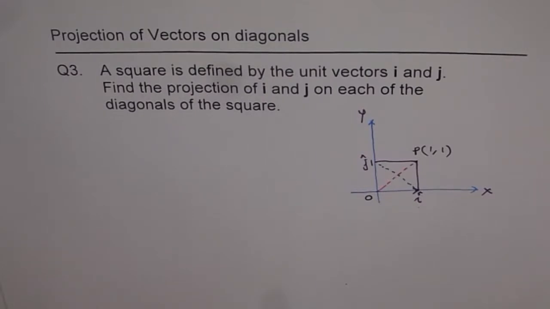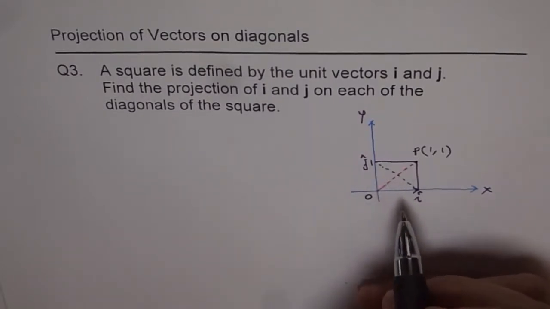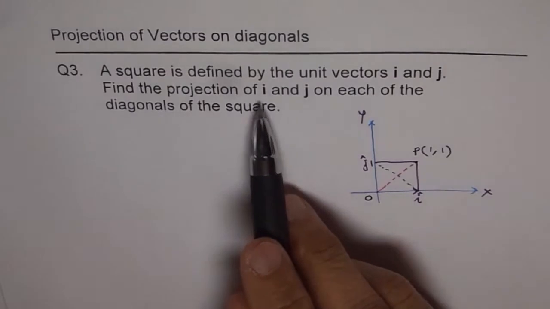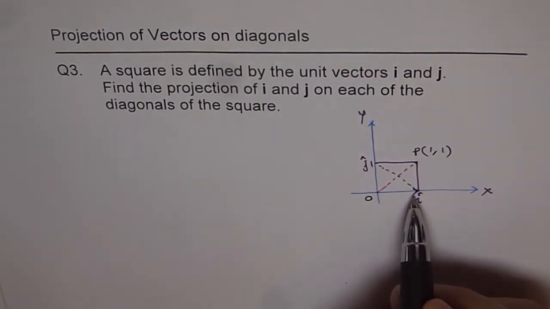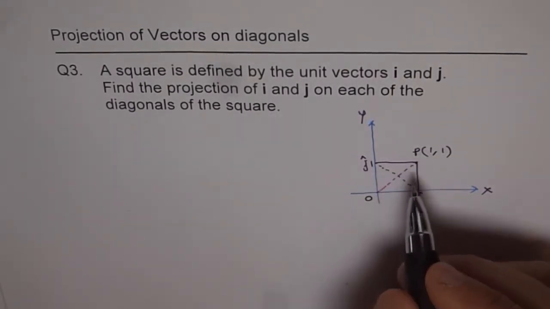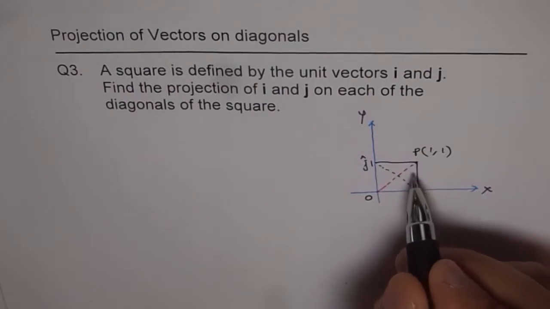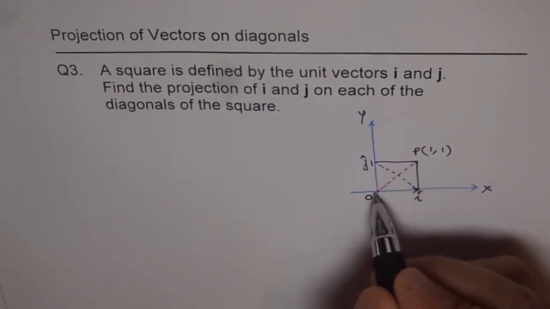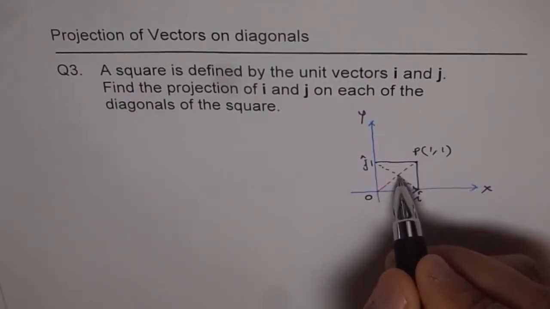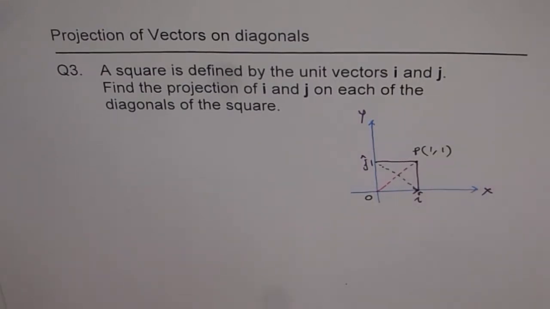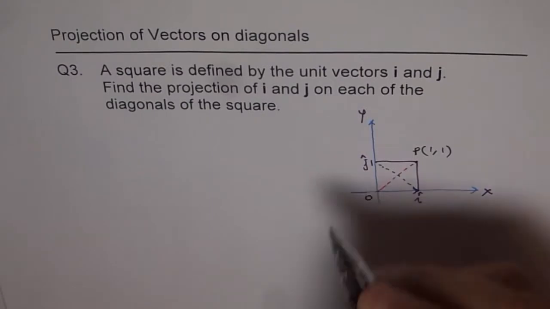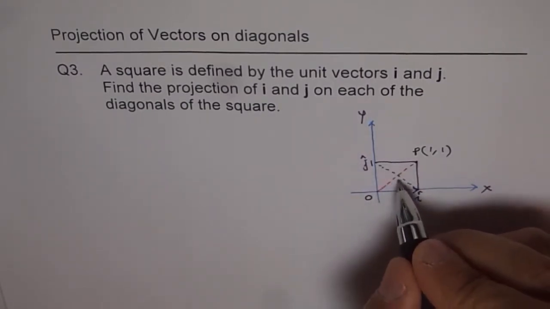And what you really need to find out is projection of i. So let's go with i first on each of the diagonals. So if you want to do projection of i on this diagonal, which is increasing, then that green line. So from i point of view, your projection, and when we are saying projection, let's call it a vector projection, right?